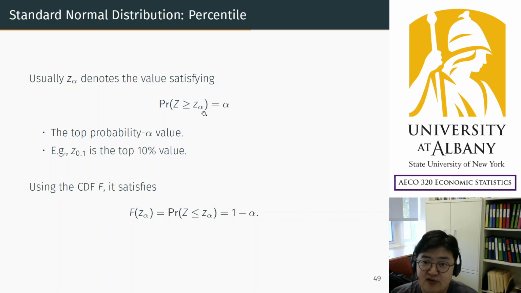Anyhow, it is confusing, but the idea is pretty simple. So probability of Z greater than lowercase z alpha, in other words, if you count from the bottom, probability is 1 minus alpha. Probability of being smaller than that point is 1 minus alpha, which is the cumulative distribution function. We are going to use this notation every chapter from now on.